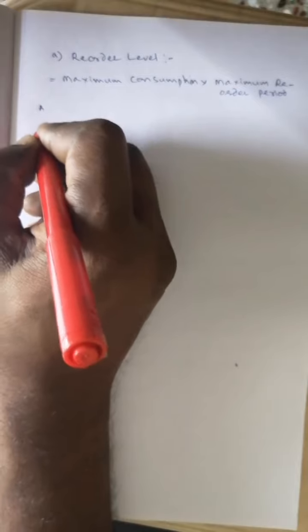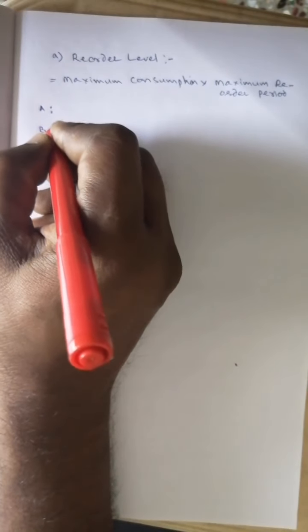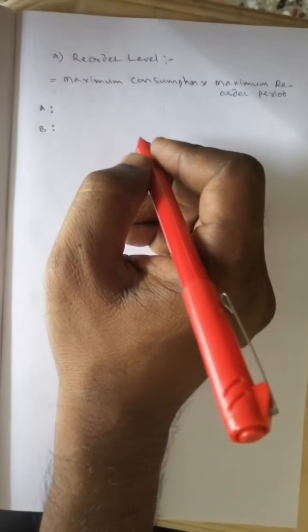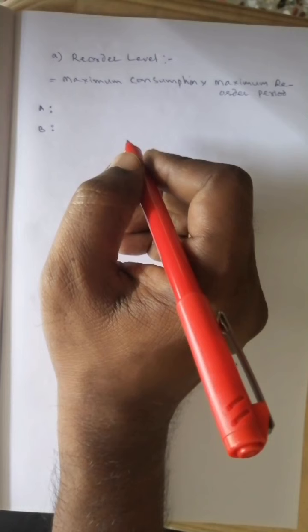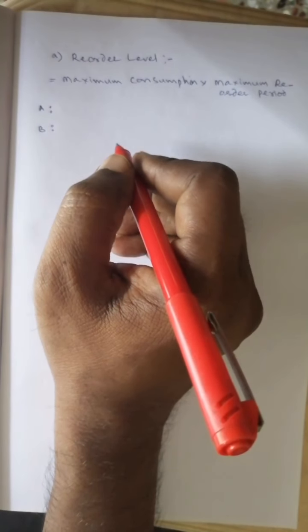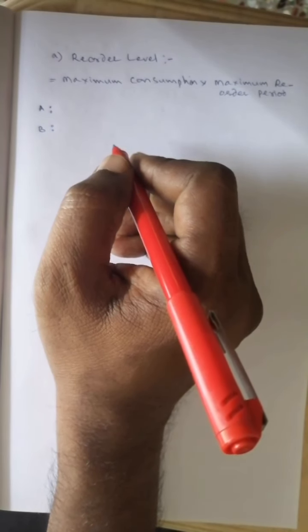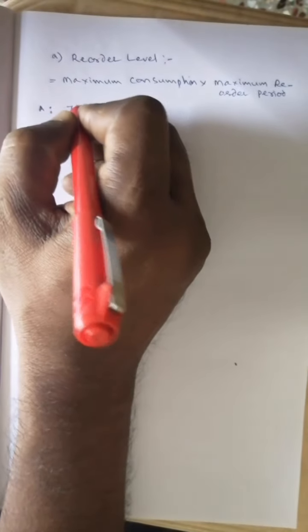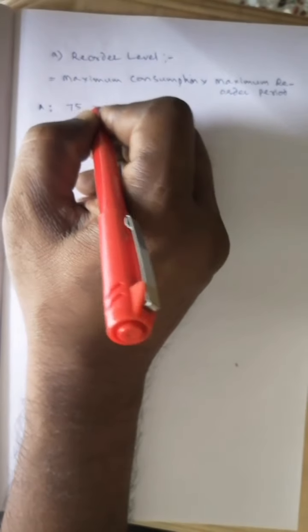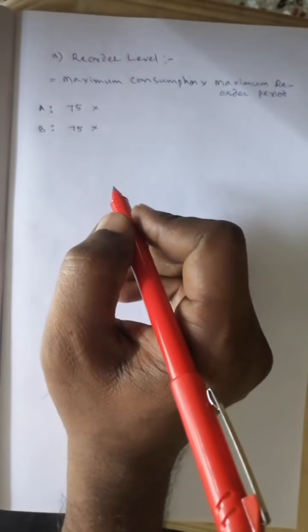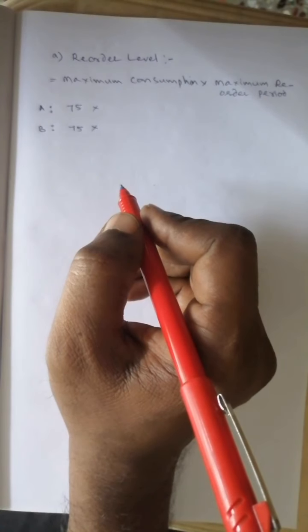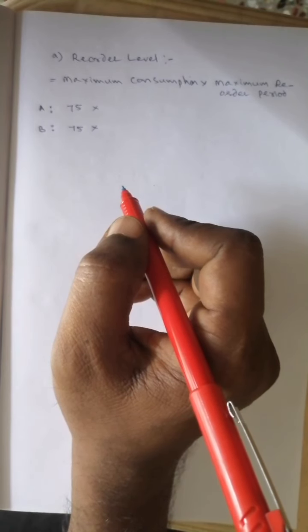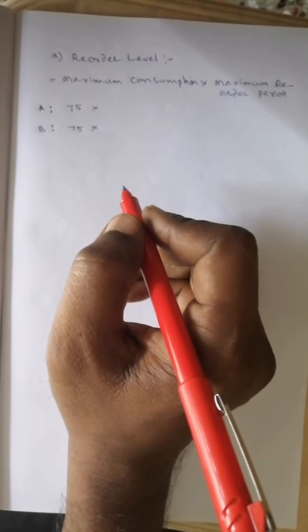Now this formula we have to apply to component A and component B. For component A, maximum consumption is 75 units for both cases, to be multiplied with the maximum reorder period. Maximum reorder period for both components is different.